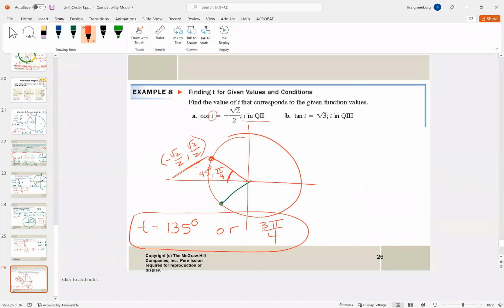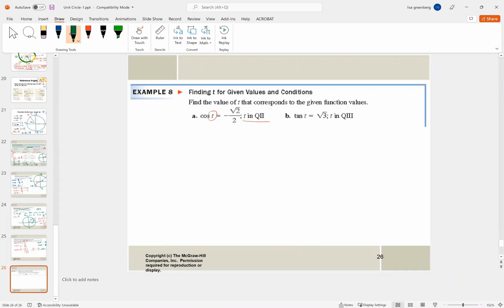Okay, so I'm going to do B. If I'm not allowed to use a calculator, I only know certain points. I know I could have 1, 0 or 0, 1, right? 0, -1 or -1, 0. Those are the only points I can have on the axis. Or I can have 1/2 and the square root of 3 over 2, or I can have them in reverse.